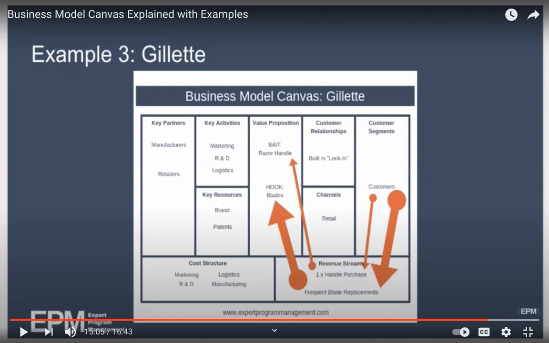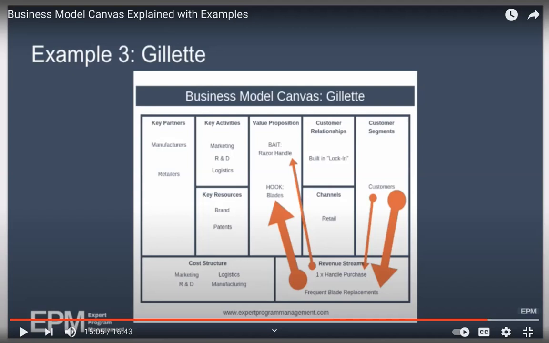And so that shows how these revenue streams work. And that's their value proposition in a way, is they provide you with this really nice, somewhat expensive handle, or the big body of the razor, but then you have to come back to them to get the blades to go with it.